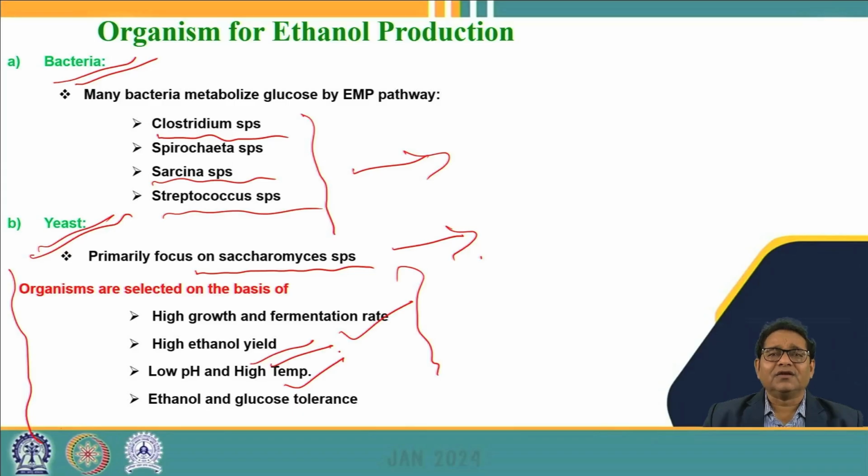So these are the different process parameters we have to look into in order to decide the type of culture for the fermentation process. And because our molasses contains a lot of sugar, the organism should have a lot of tolerance against ethanol and glucose.